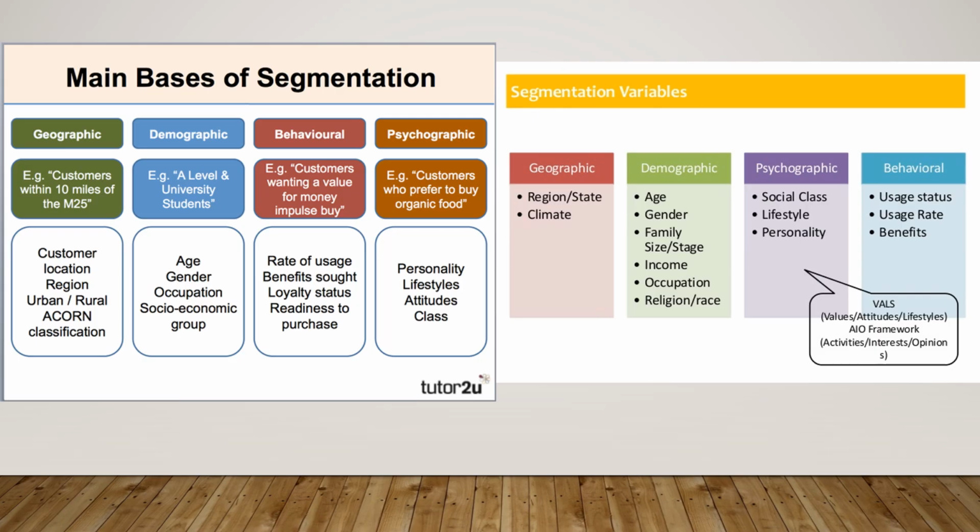And this particular one is a great way of defining how people will react, how they make decisions, what kind of personality they have, and what kind of life they lead. These dimensions, along with behavioral dimensions of usage rate, benefits sought, and so forth, are often the most effective ways of creating a market segment.